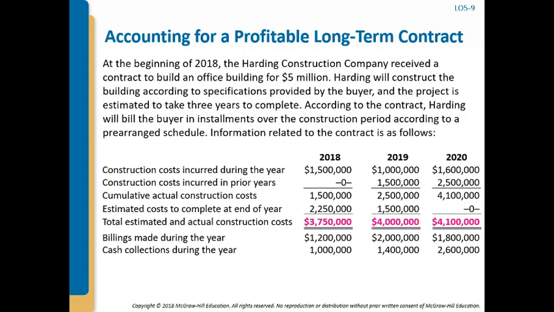In 2019, they incurred another 1 million in construction costs. They already incurred 1.5 million, so the cumulative total is 2.5 million. At the end of 2019, they estimate an additional 1.5 million in costs to complete the project. Notice it's a $5 million contract, so that's fixed.